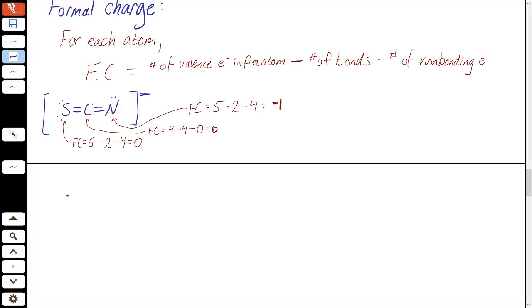So you do this. Evaluate the formal charges on this structure. Whoops, wrong one. Okay, what kind of formal charges do you get in that one?